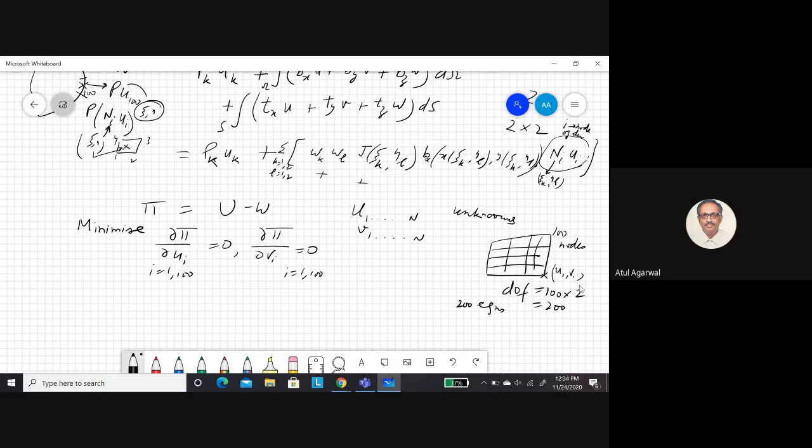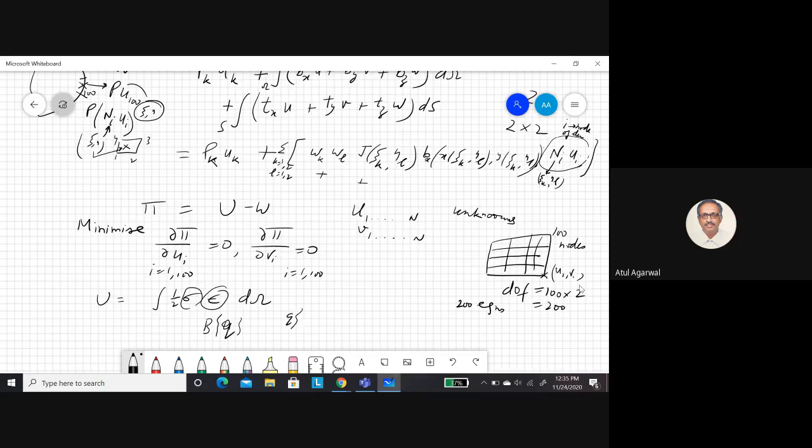Now you can write your U as the sum of integral half sigma epsilon. So what is your stress? What is your strain? Strain you can write as B Q. This I had done earlier. You call it Q vector.